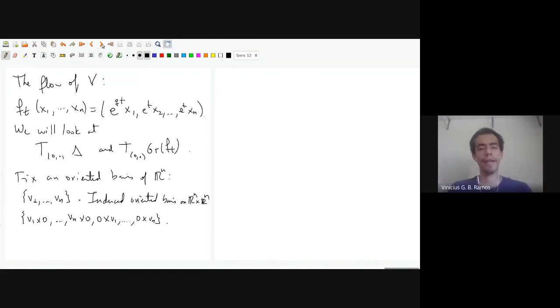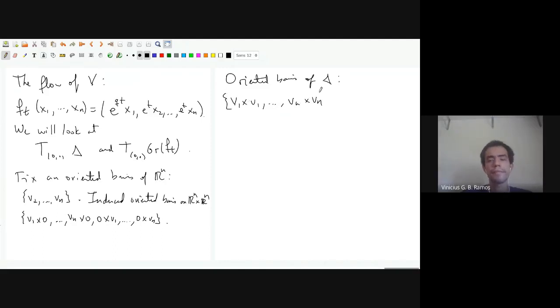Given this oriented basis of Rn, what is the oriented basis of the diagonal? The oriented basis of the diagonal is v1 times v1, ..., vn times vn. That's what you get. And similarly, you get an oriented basis on the graph of every function by applying the derivative to the vector.